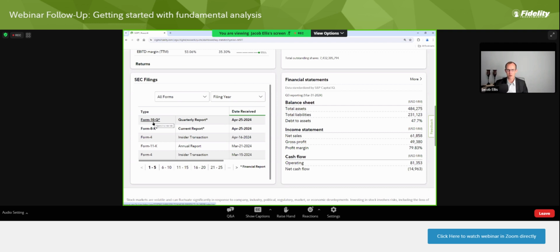It's actually a form that's somewhere between 20 to 100 pages long in its full form. From that, we get a standardized version, thanks to S&P Capital IQ, simplifying it down for us to just the balance sheet, the income statement, and cash flow statement.